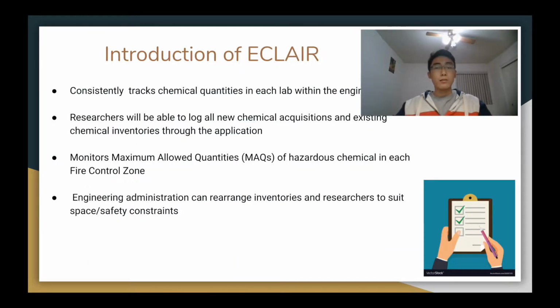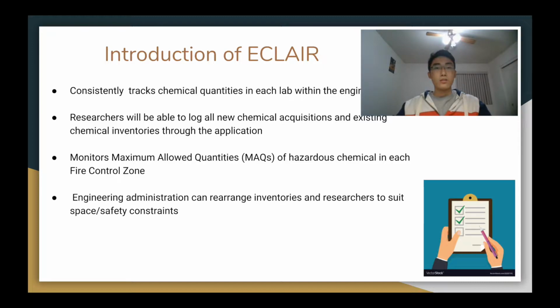So to describe Eclair a little bit more, Eclair stands for Engineering Chemical Lab and Inventory Regulator. And as mentioned before, it needs to be able to consistently keep track of the chemical inventories in each lab across many different buildings, and it needs to monitor the maximum allowed quantities, or MAQs, for all the chemicals in each fire control zone, and give out notifications when the chemical inventories are approximating this maximum allowed quantity in the fire zone.